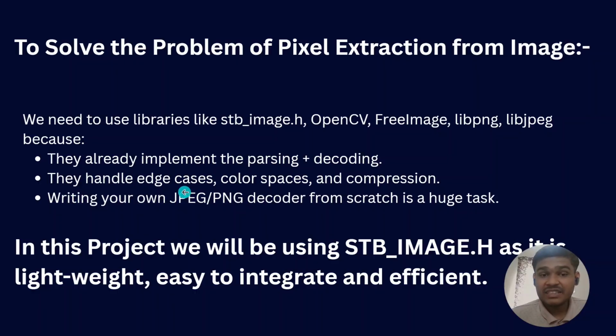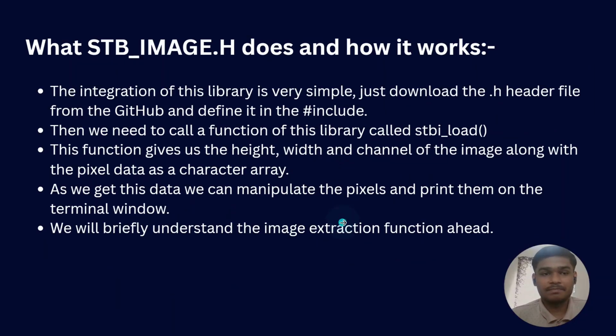They handle the edge cases, color spaces, and compression. Writing our own JPG or PNG decoder from scratch is a huge task. So, in this project, we will be using stb_image.h as our library, as it is lightweight, easy to integrate, efficient, and supports multiple image formats.